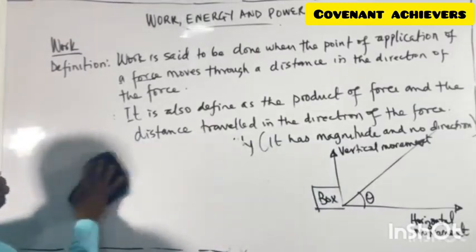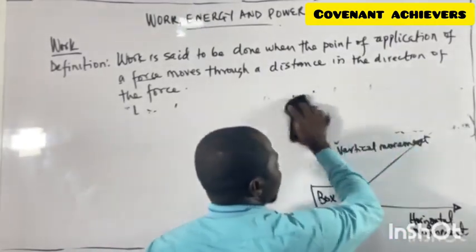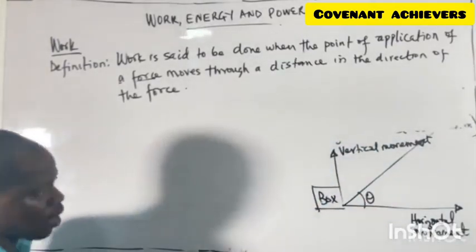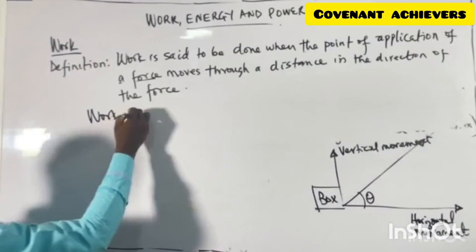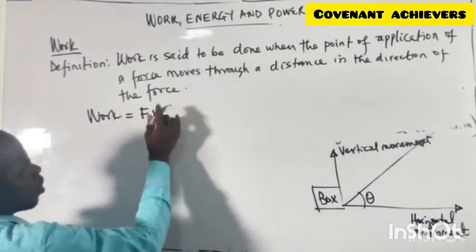So when you're talking about work being resolved into a vertical component and a horizontal component, we have established that work is equal to force times distance s.